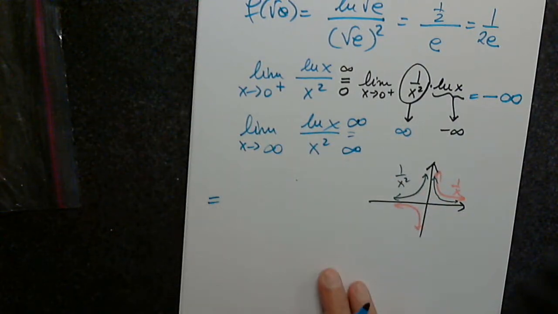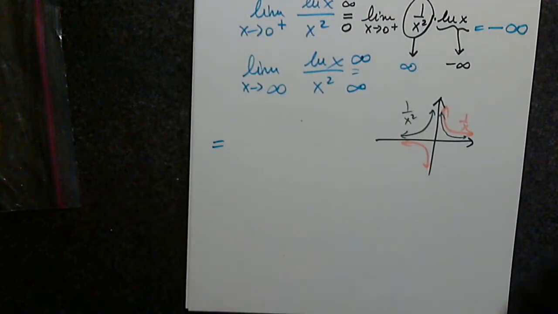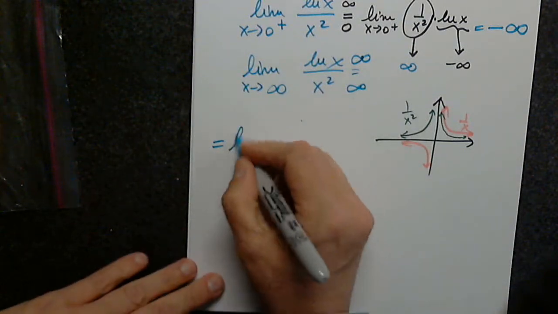But I don't have problems with this one because I studied a very nice theorem that says whenever I determine the limit of a ratio, that's another review for next week, and I have either 0 over 0 or infinity over infinity, what will I do? L'Hopital's rule. Inside the limit only.